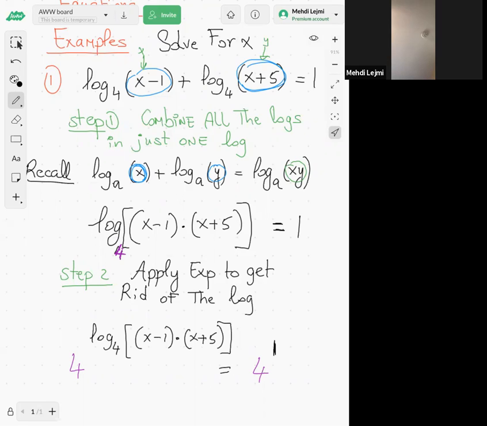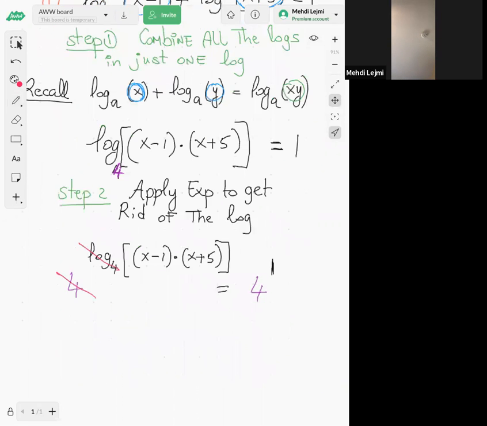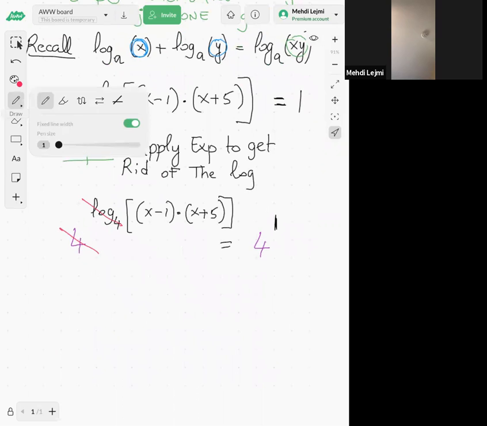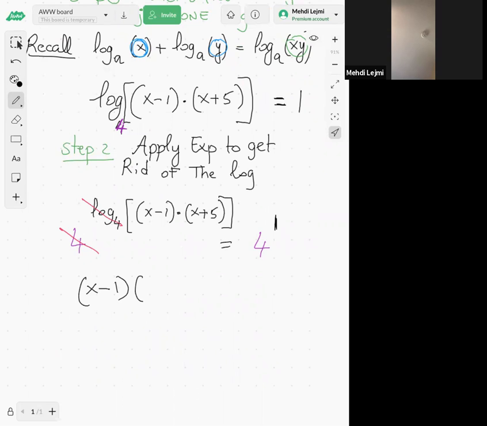All right? Now, this exponential in base 4 and this log in base 4, they would cancel out as usual. So on the left, that will be just x minus 1 times this x plus 5 equals to 4. So you see, guys, I had two logs, and then I combined them, and then I applied my exponential to get rid of the log, and so I end up with just a quadratic equation, right?